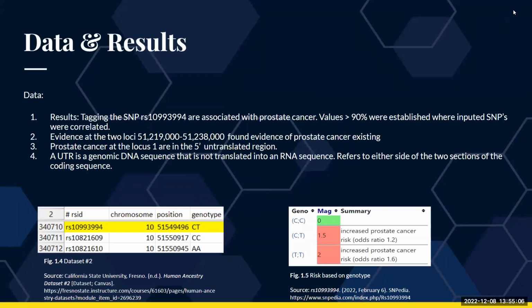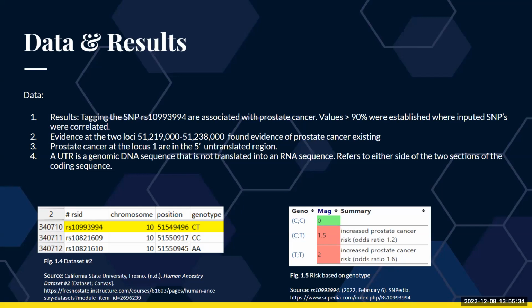Okay, so looking closer at prostate cancer, the SNP RS10993994 is associated with prostate cancer. Values that were greater than 90% were established where inputted SNPs were correlated. Evidence at the 2 loci 512190 through 512380 did find evidence of prostate cancer existing there.